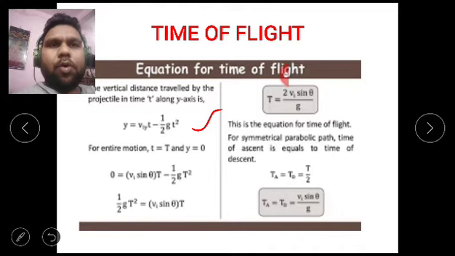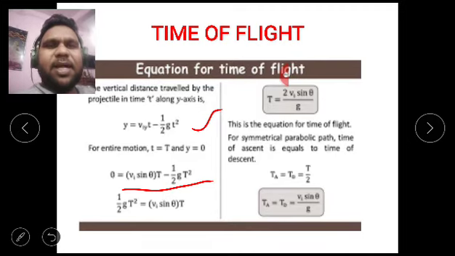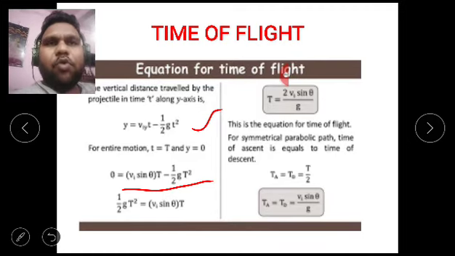Okay, so we know that v0y is equal to v0 sin theta. When the object hits the ground, that means when the projectile completes its journey, at that point the displacement along the y-axis will be equal to 0.